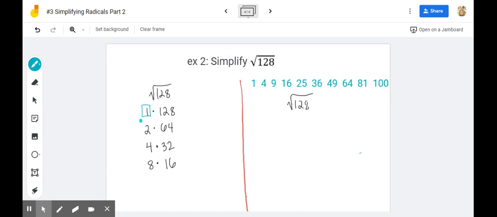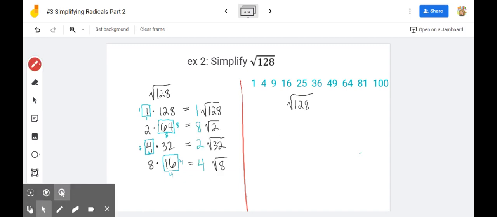So I see this 1, which would be a 1 by 1. I also see this number here, the 64. That would be an 8 by 8. I also see a perfect square here, which is a 2 by 2. And I also see a perfect square right here, which is a 4 by 4 to get 16. Ay caramba. All right, now listen, if I use any of these options, this is what we would end up with.